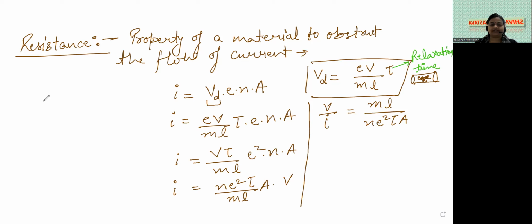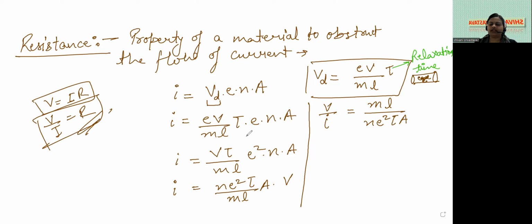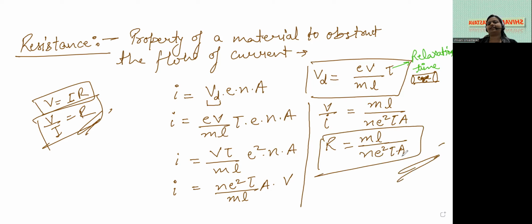Now, as we have discussed just now, V is equal to IR, so V upon I is equal to R. Similarly, here also V upon I is this, so we can put R here. So R is equal to mL upon n e square tau A. This is the formula of resistance.